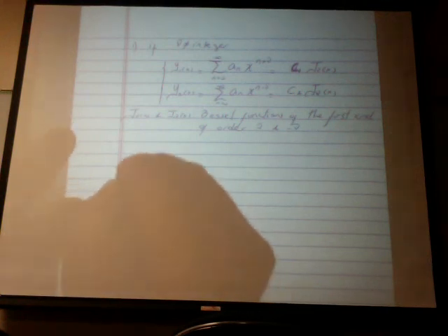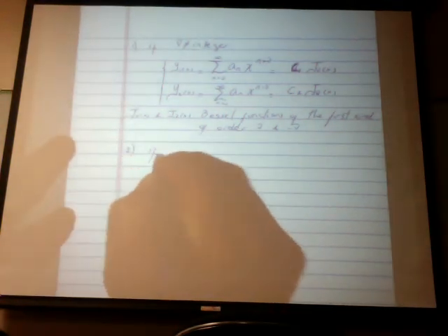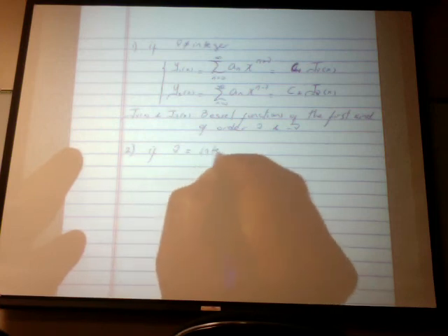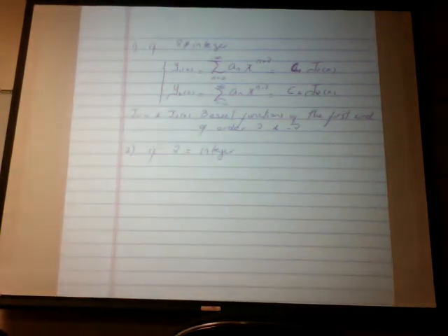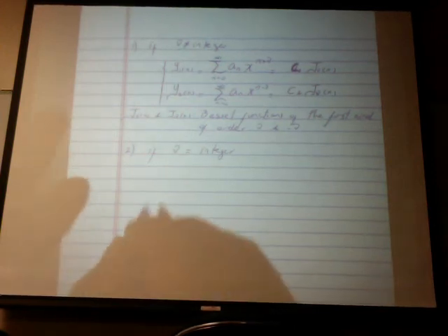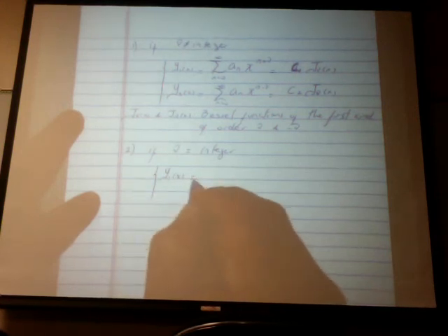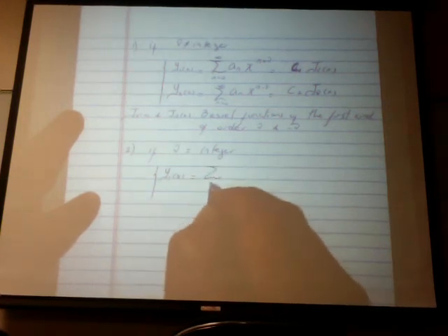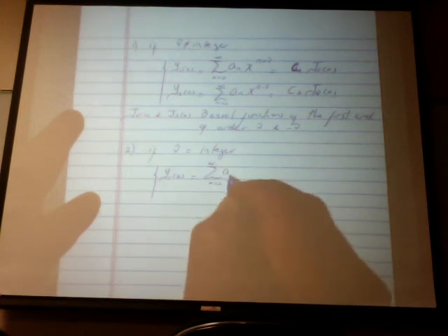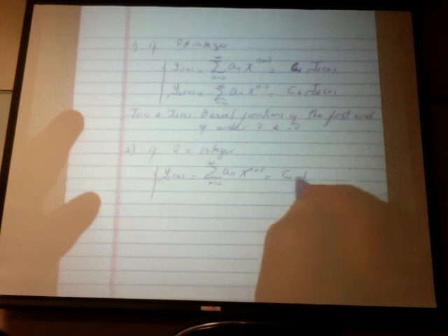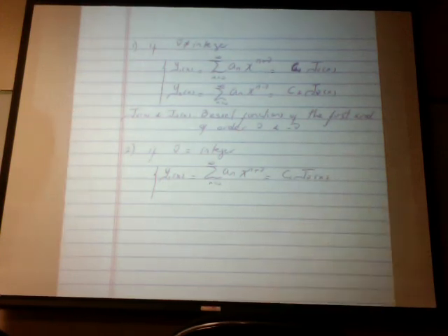So 2, if nu happens to be an integer, then y1 of x is equal to the summation from n equals 0 to infinity of an x to the n plus nu, and this is c1 times J nu of x, so it's the same solution.